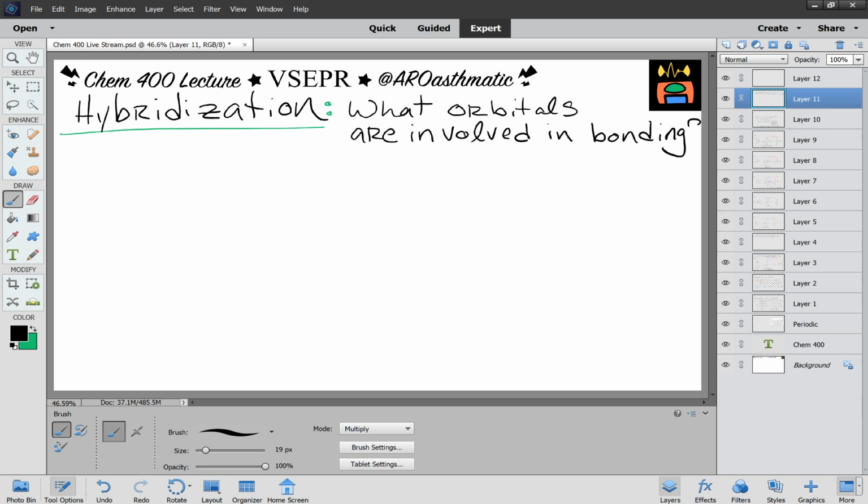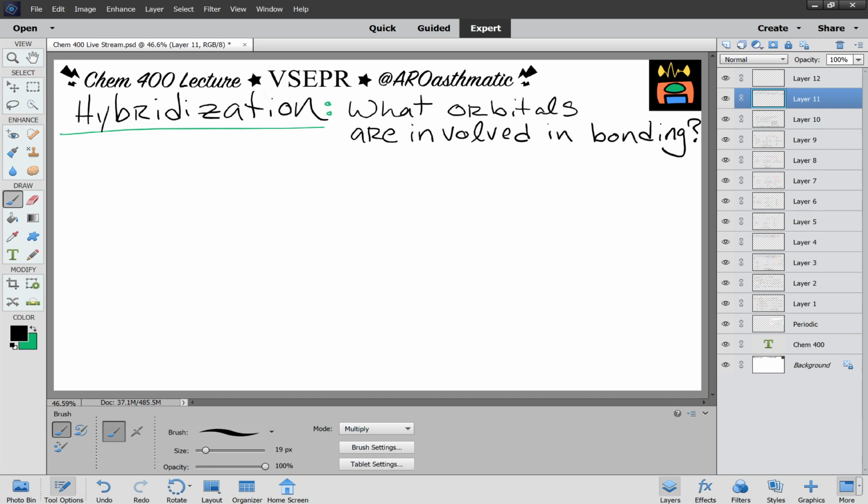We know orbitals are involved because orbitals hold electrons, but which ones actually engage in creating those bonds? Here's the quick answer. Hybridization tells you which atomic orbitals get involved in the bonding process. More or less, you'll see where the definition falls short as we unpack what hybridization is. But here's how you label hybridization. Here's the take home.